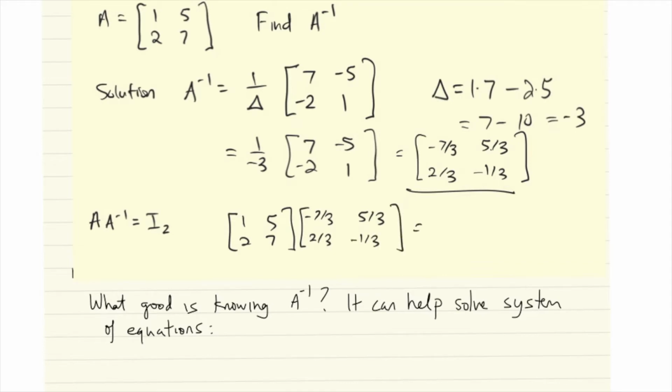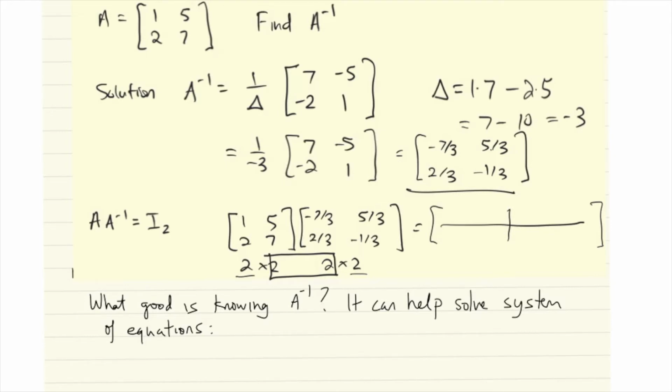We've got a 2 by 2 matrix multiplying a 2 by 2 matrix, so we're allowed to multiply them because these two numbers match up. The answer will be a 2 by 2 matrix, so I'm going to put a 2 by 2 matrix here. I've drawn it so big because you'll see in a second.